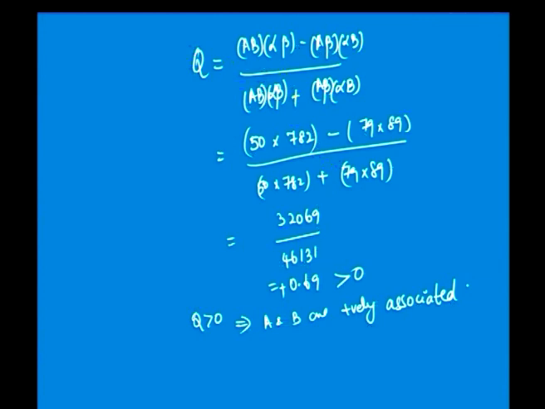That means if the eye color of father is dark, the eye color of sons also is dark. That is the information we have arrived at from the data given in the question.